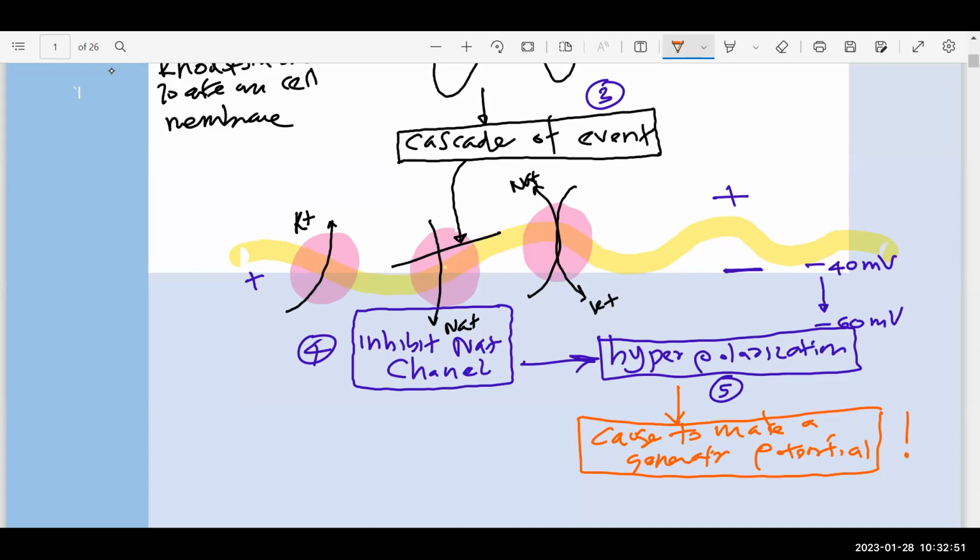Minus 70 millivolts is the resting membrane potential, and it first goes close to the minus 55 threshold level. That threshold level continues to fire up to plus 30 millivolts. The plus 30 millivolts is the action potential. So it should change from minus 70 to plus 30 to generate an action potential.